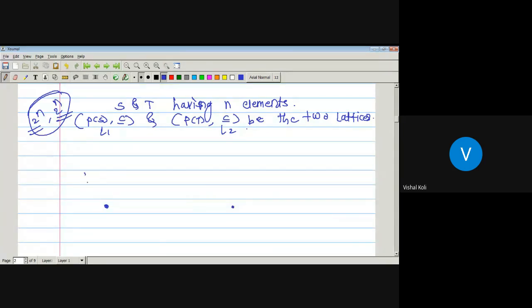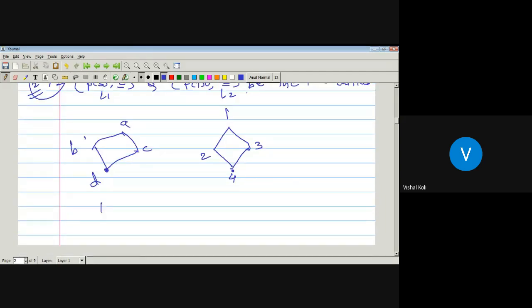For example, suppose this will be the lattice and this will be a second lattice. Suppose here some A, B, C, D and here something 1, 2, 3, 4. So now I can define one function f from L1 to L2.